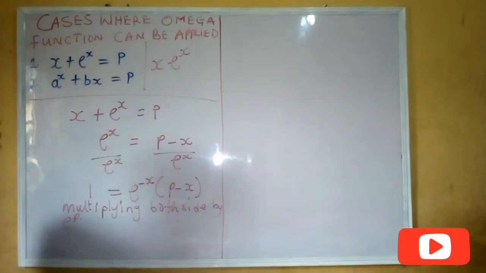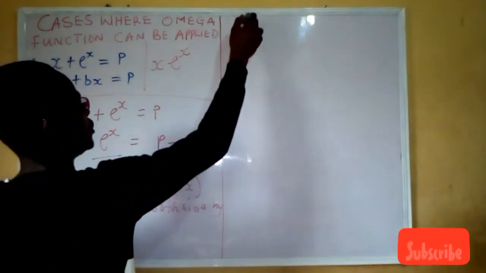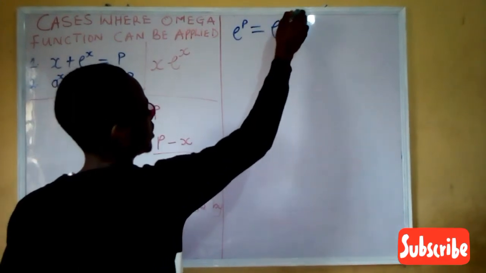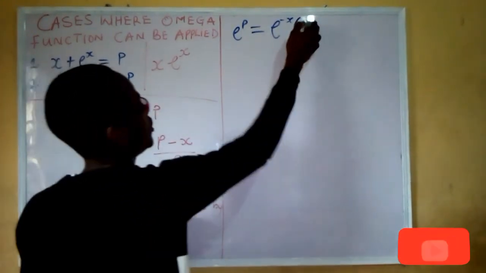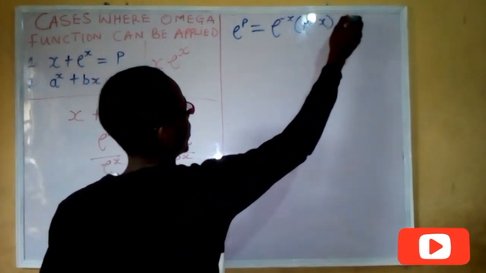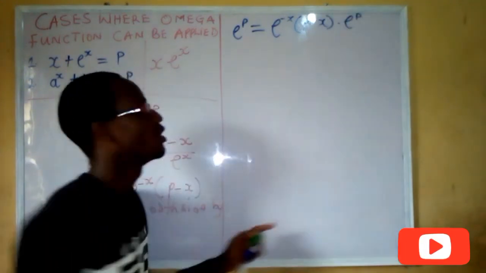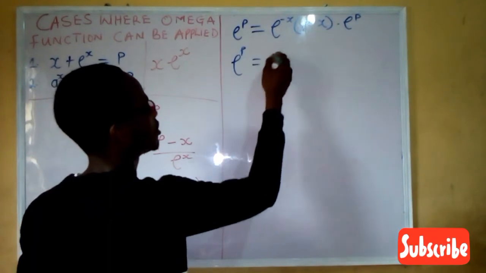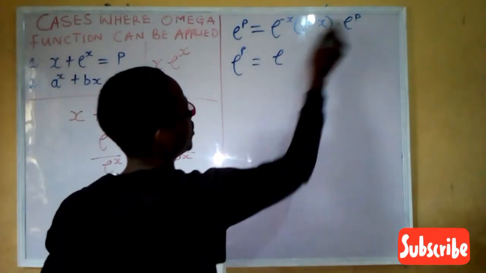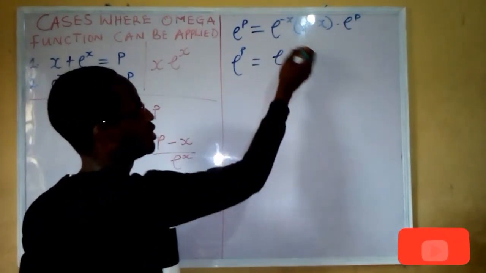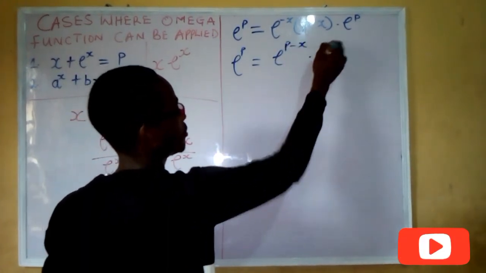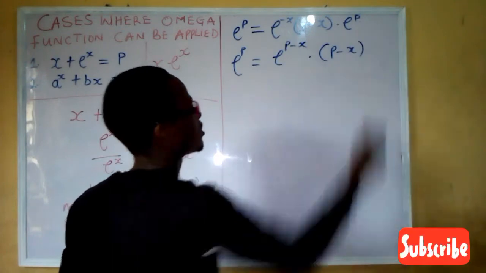So I'm going to have e raised to the power p equals e raised to the power minus x into p minus x, multiplied by e raised to the power p. So that gives me e raised to the power p minus x, multiplied by p minus x.